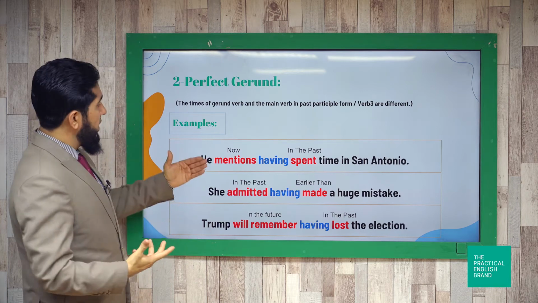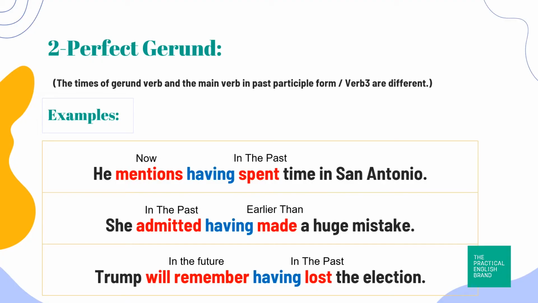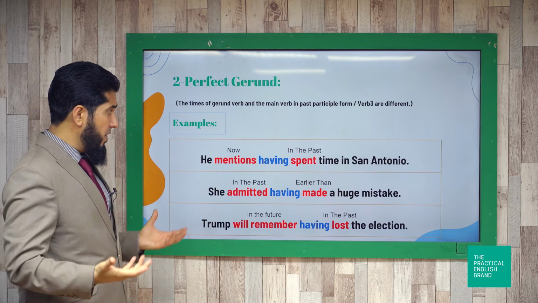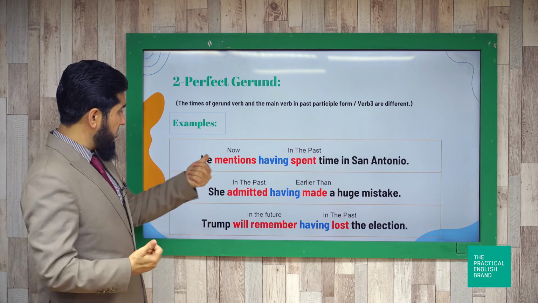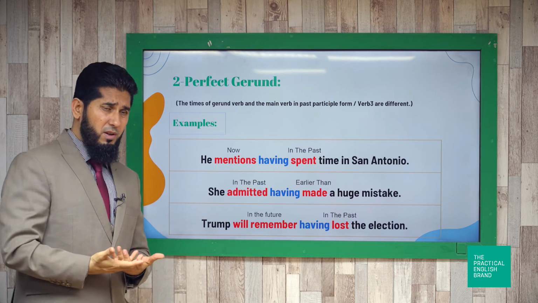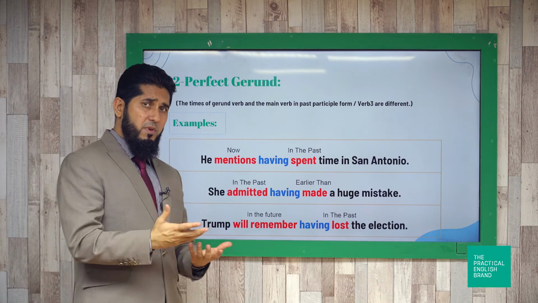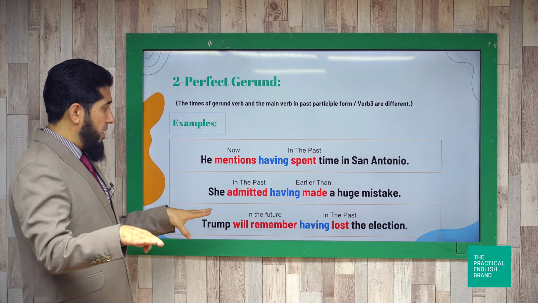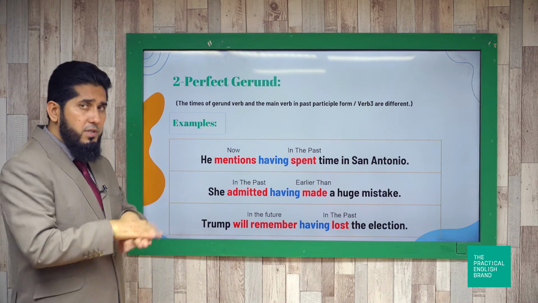It shows the present remark of a past action. In simple words, the times of mentions, the main verb, and spent, the past participle form or third form of the gerund verb, are different. They do not have the same time.